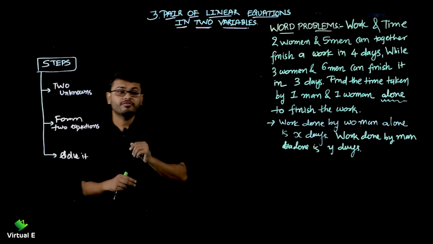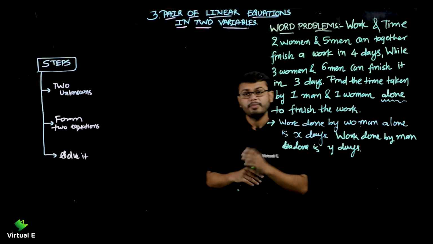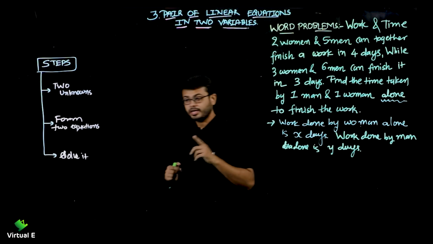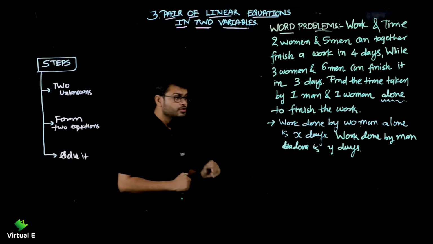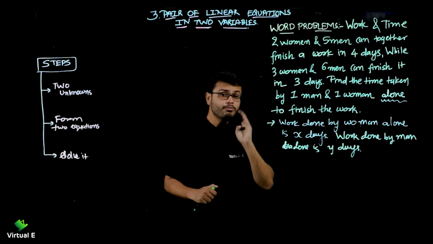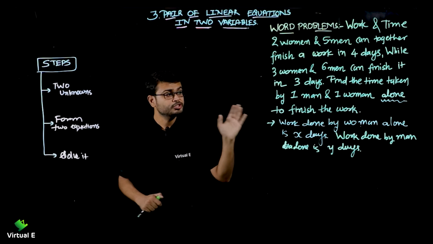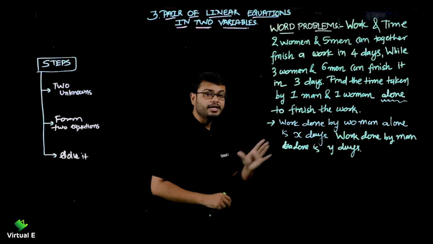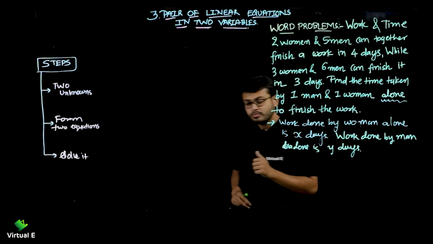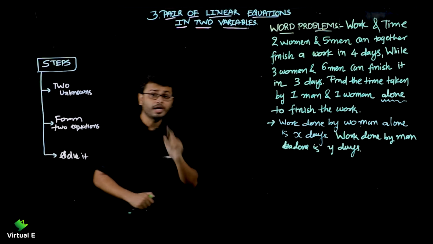Suppose a project is given to you and you are completing it in 10 days. In 1 day, how much work will you complete? Understand this concept. The whole question is based on it, right? One project you are completing in 10 days, so how much work will you do in 1 day?